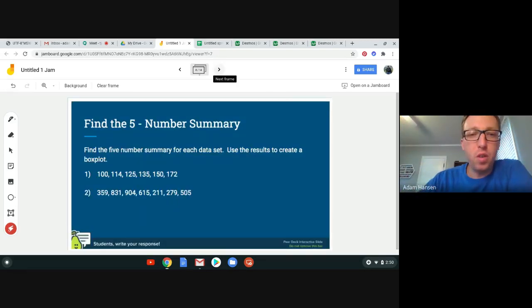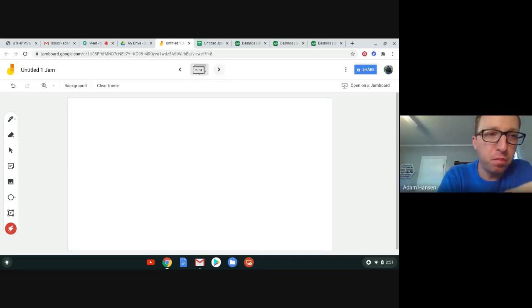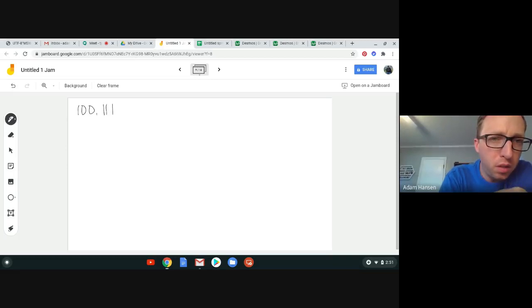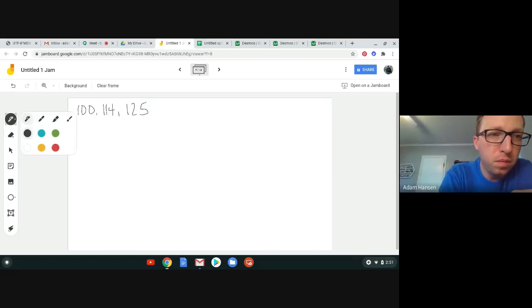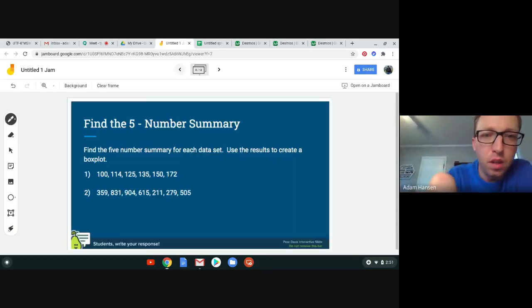All right, so let's actually go ahead and find the 5-number summary and make a box plot. So we have $100, 114, 125, $135, 150, 172. I'll just write those over here.